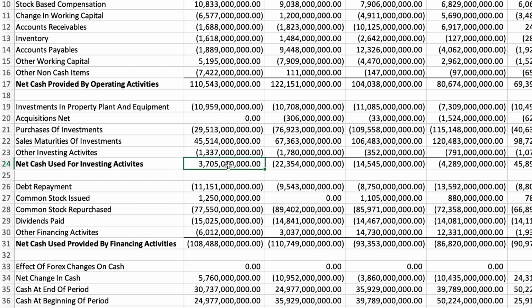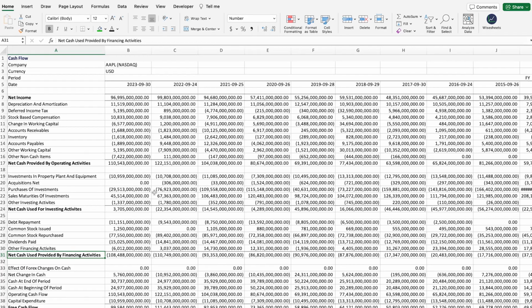If it's negative, it means that it resulted in a loss of cash for that particular company. The last type of cash flow is the one provided by financing activities, and this is cash flow that the company was able to generate or lose based on raising money or paying money back to investors and debt holders. Now let's talk about the actual cash flow patterns.